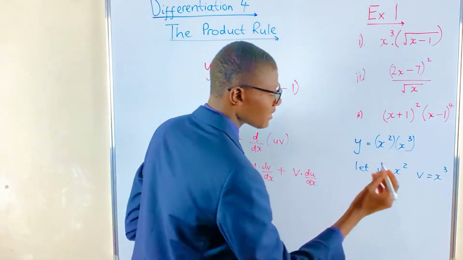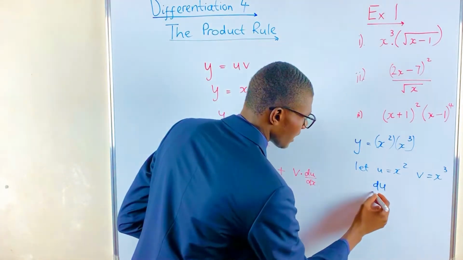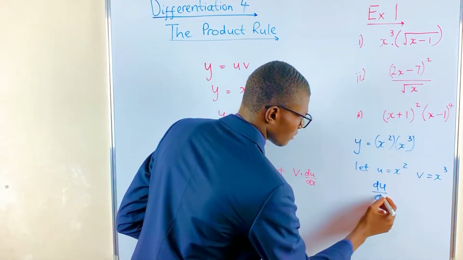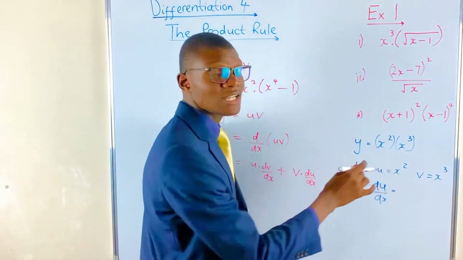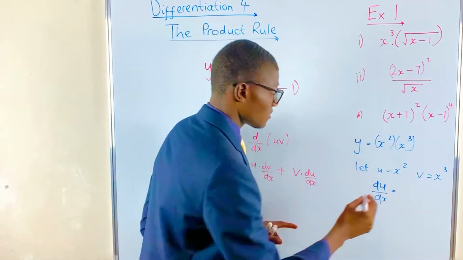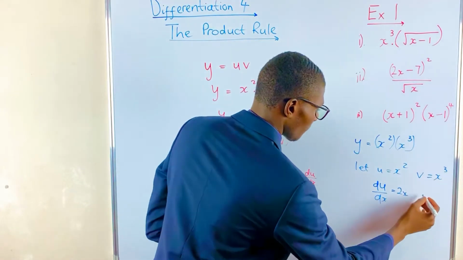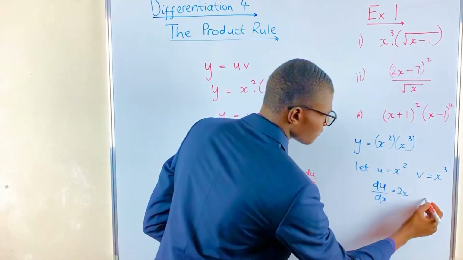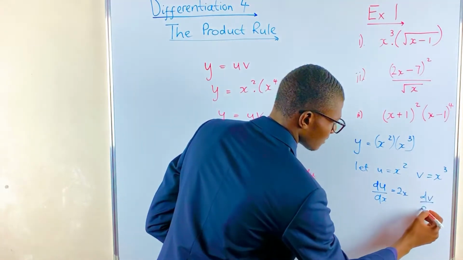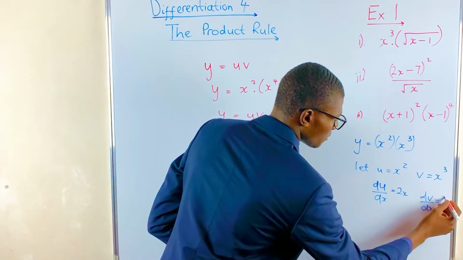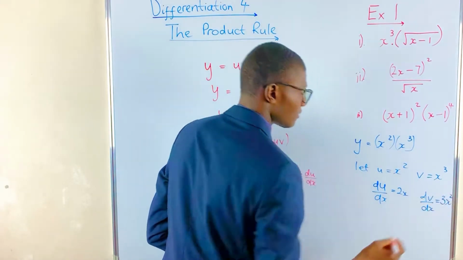We're going to find the expression for du by dx. If we differentiate u with respect to x, we get 2x. And then we find the expression for dv by dx, which is going to be 3x squared.